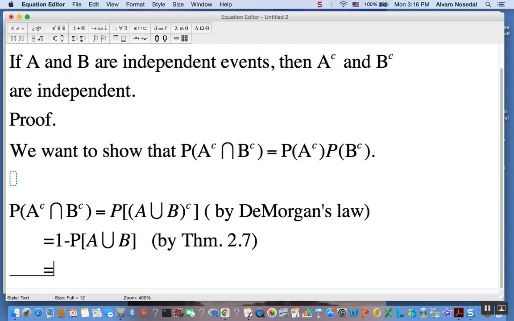Now, for any union of events A, B, in general, the formula that is going to work is: probability of A union B equals probability of A plus probability of B minus probability of A intersection B.